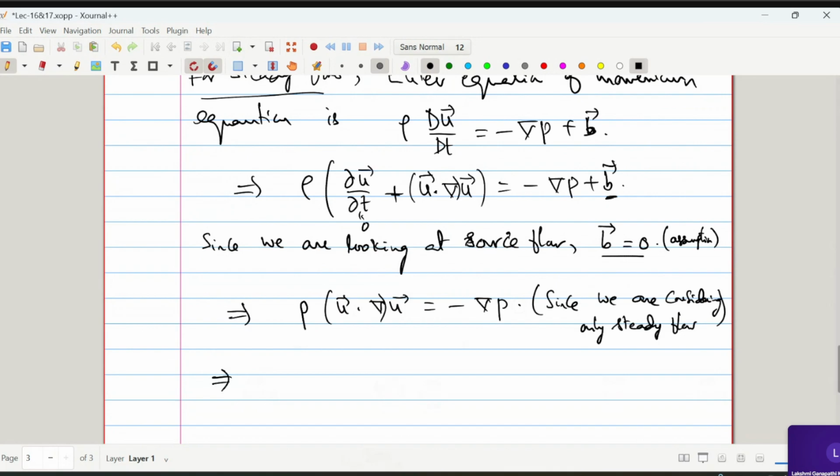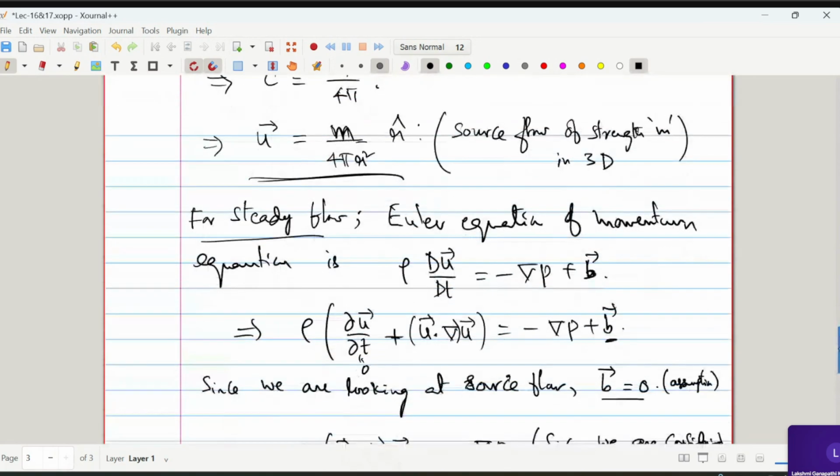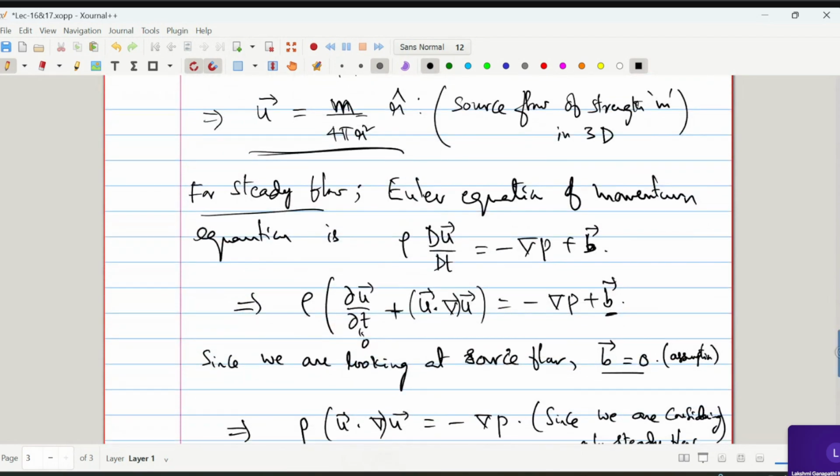So what do you get here now? Now I'm trying to use it here. So rho into, now you will have to use again those formulas. U, what do you have? U is, let us say, the u_r component. What is your u_r component? The only component is m by 4 pi r square, right?